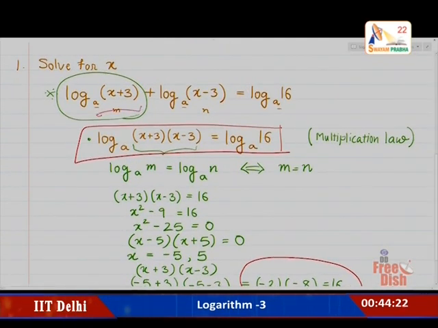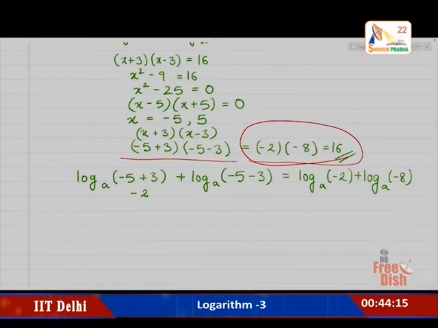Original form is given here and here. So when you checked in this form, the logarithm was not valid. So the question asked was of this form, and in this case the logarithm is not valid. So I can conclude x is equal to minus 5 is not the solution. It's not solving the expression.